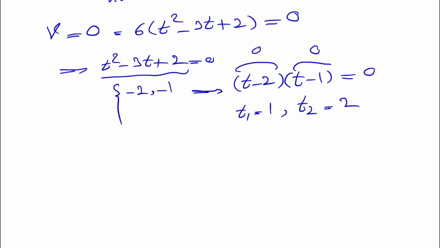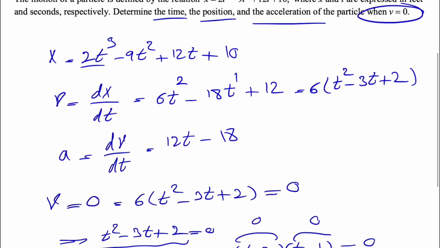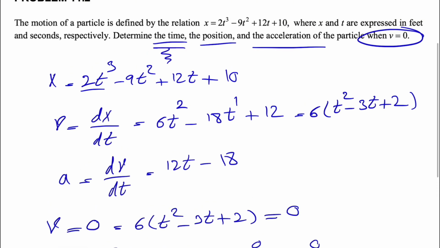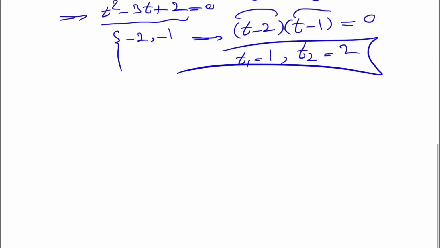So let's find the first one. We found the t in the question, so the first part we need to find is the time. Now let's find the position for each of these t. Let's do it with t1 is equal to 1.